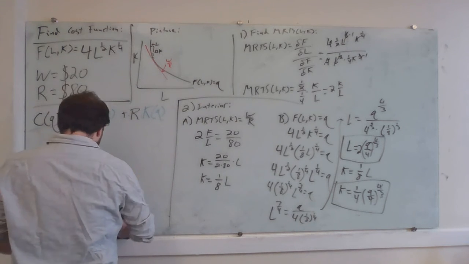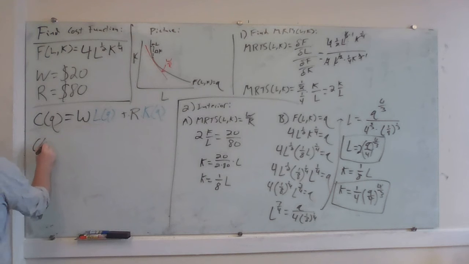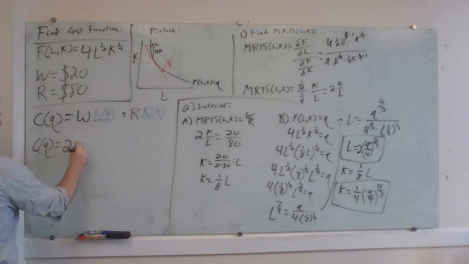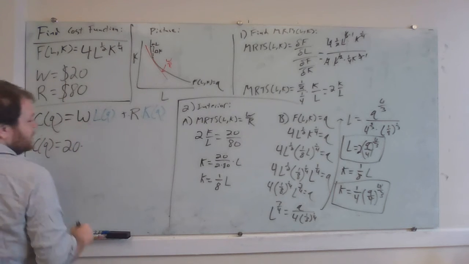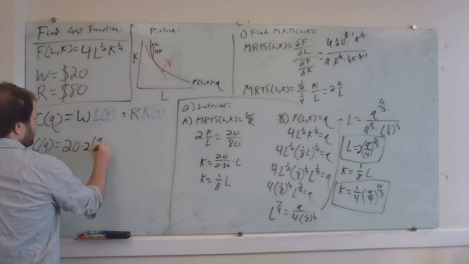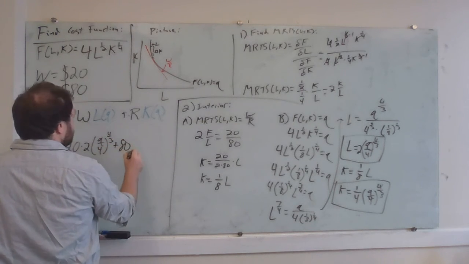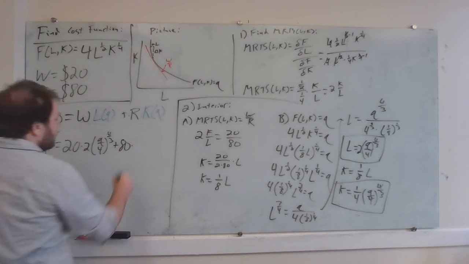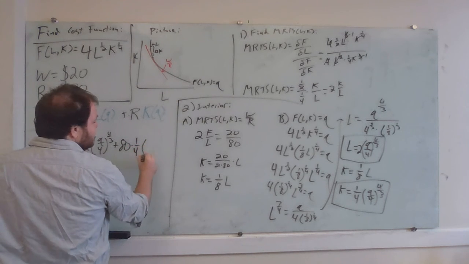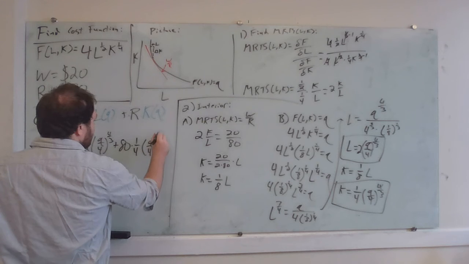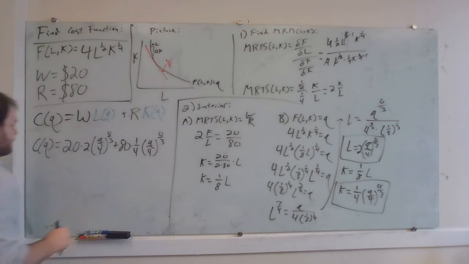So the last thing we'll do is we'll say that our C of Q equals W, which is 20, times L of Q, which is 2 times Q over 4 to the 4/3, plus 80, which is R, times our K of Q, which is 1/4 times Q over 4 to the 4/3, right?